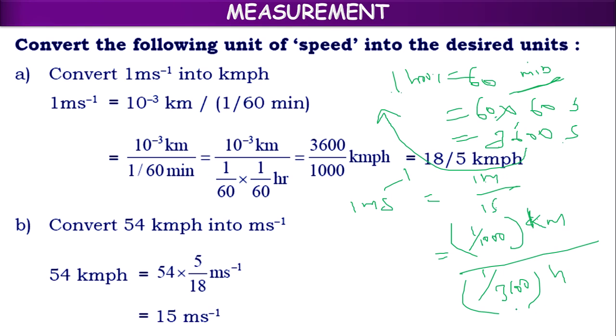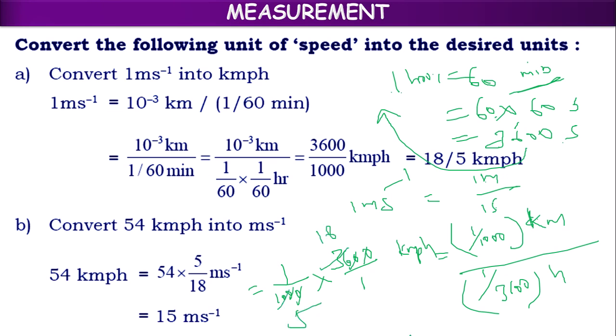Or the denominator will go up, and we can write it as 1 by 1000 into 3600 by 1 kilometer per hour, kmph. 2 zeros cancel. 2 18s are 36, 5 times.